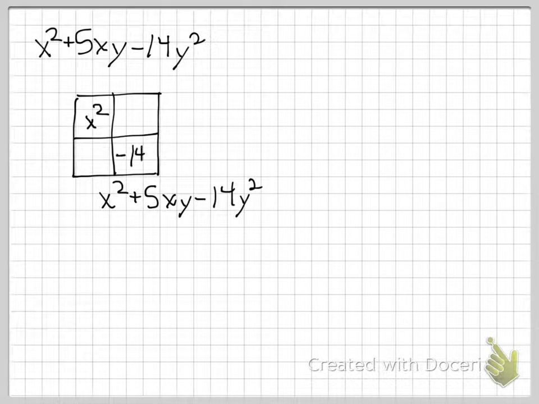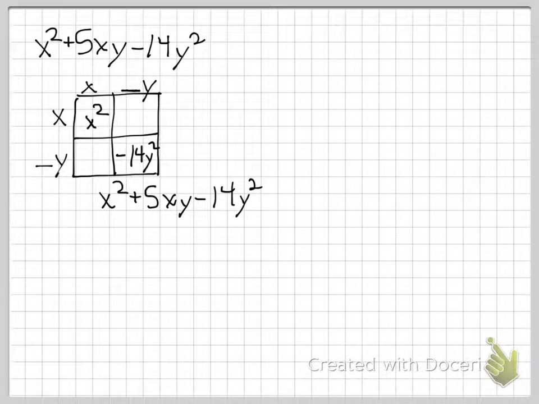The negative 14y squared goes in the bottom right. We're still going to have to find that difference between the two terms. But notice the x's stay here. Now, I've got to figure out what numbers go with the x's, but hopefully you really see it's now going to have a y attached to it. So it's going to be x plus or minus something y. So when that y squared shows up on the right-hand side, it just means it's part of the other term.